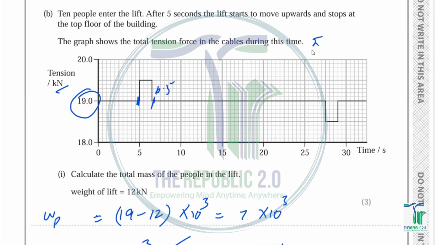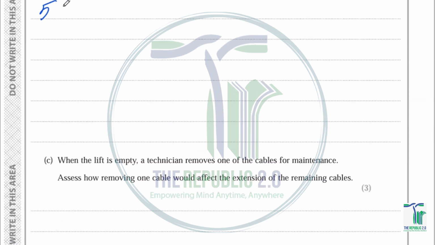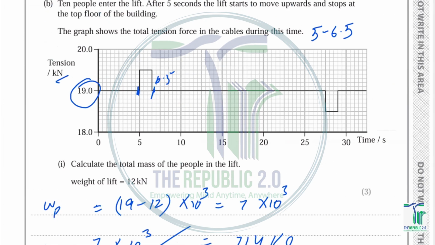So from 5 to 6.5, there was a resultant force acting upward on the cable, right? So first of all, I'm just going to mention that from 5 to 6.5, there is a resultant force acting upwards. You should not write it like this. You just need the resultant force acting upward, a very good line.